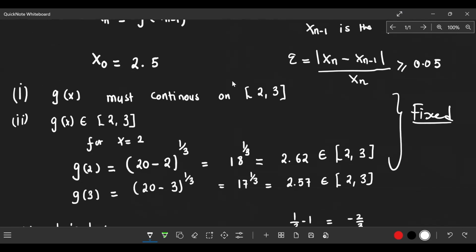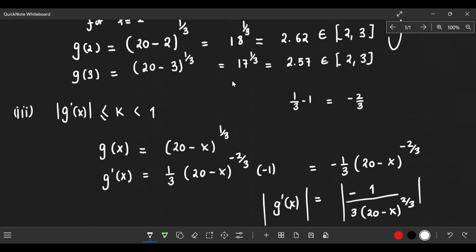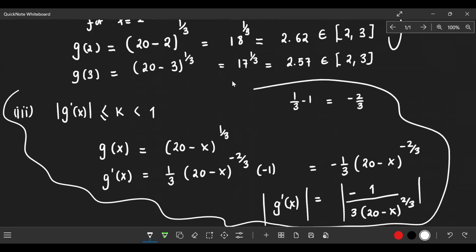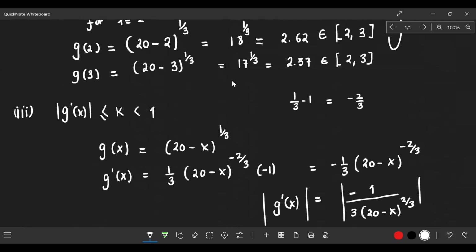The function must be continuous, and g of x must be a member of that interval. Even if the third one fails, it tells you the fixed point that you have is not unique on that interval. There is a fixed point, but it's not unique. Maybe you have 2 or 3 fixed points.